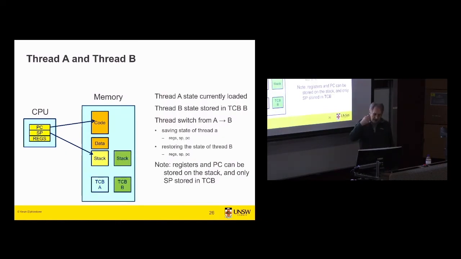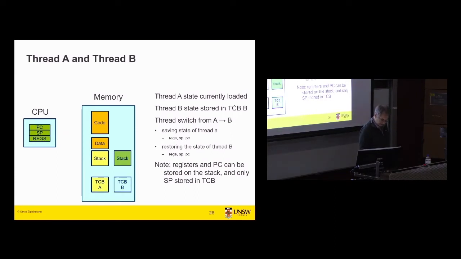So if we have a thread B and a thread A, we will have a separate thread control block and a separate stack per thread. Just to switch between the two, again, this is very similar in the mechanics, but not necessarily in the semantics, of saving the state of the registers onto the stack, and then restoring the state of the other thread.